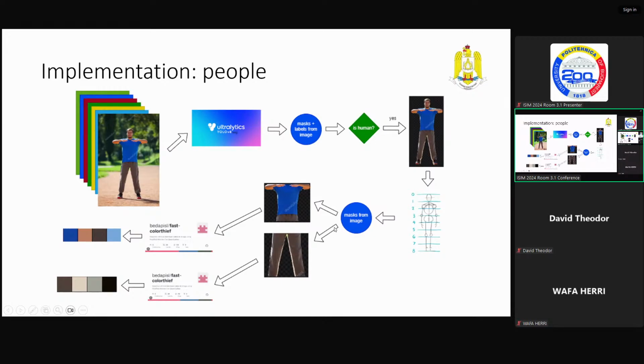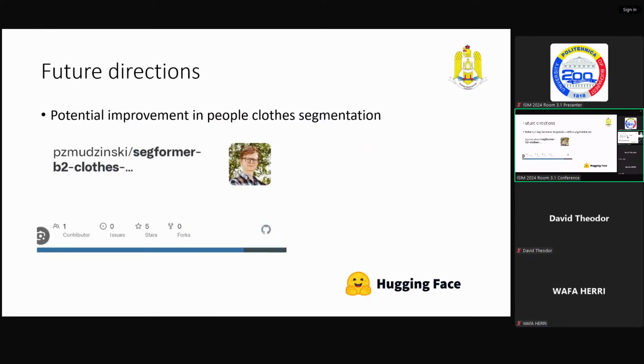We get the two parts of the body and the clothes, so the superior part and the inferior part, and each of them is passed through Fast Color Thief, and we obtain color clusters.